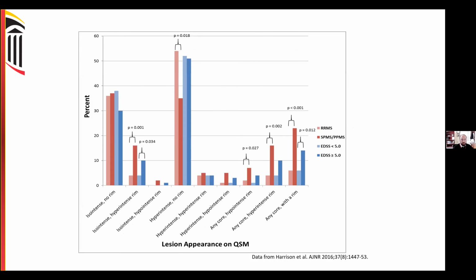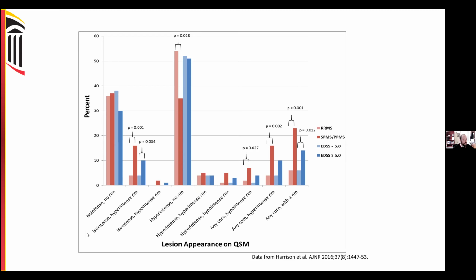When you take a look at the proportions of lesion types in our study and compare them between those with relapsing remitting MS, which was shown in pink, and the secondary progressive and primary progressive forms of MS shown in the red, or patients with a lower disability score, the EDSS score is a disability scale that we use in multiple sclerosis, versus those with a higher disability score in the darker blue.